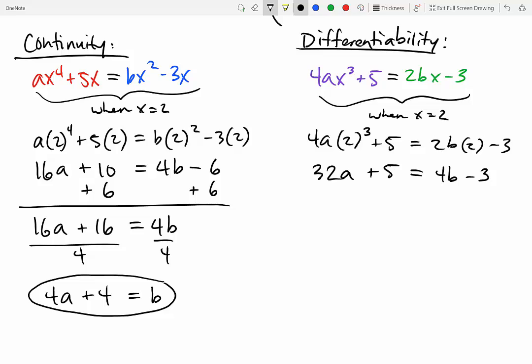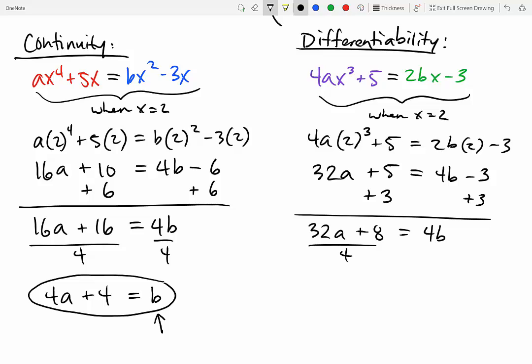Now, once again, we can't solve this equation on its own with two unknowns, but it would be convenient if you could solve for either one of the two variables. And since I solved for b here, I'm going to solve for b in this case again. So I'm going to add 3 to both sides, and that gives me 32a plus 8 equals 4b. And again, conveniently, if I divide both sides by 4, I end up getting 8a plus 2 equals b.